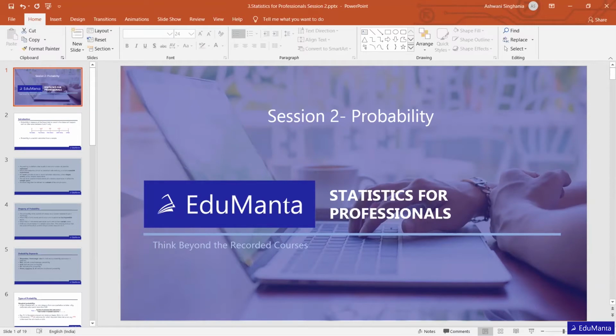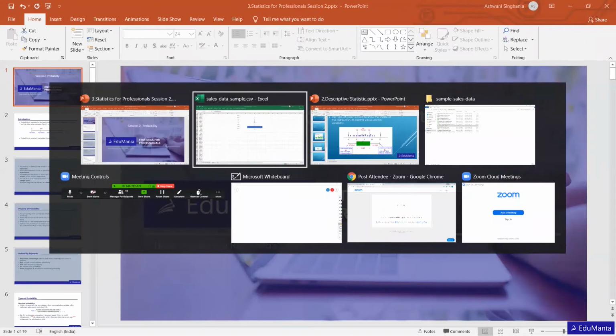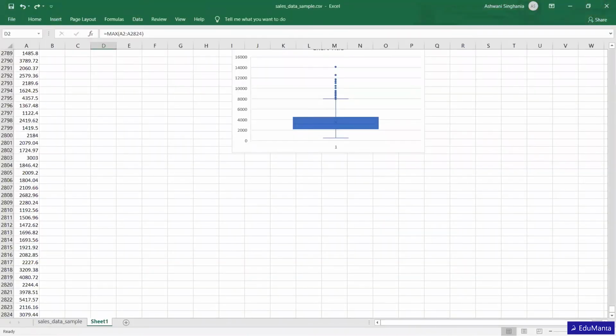You want how we will compute those values Q1, Q2, and Q3, minimum and maximum values? Please, can you repeat that?